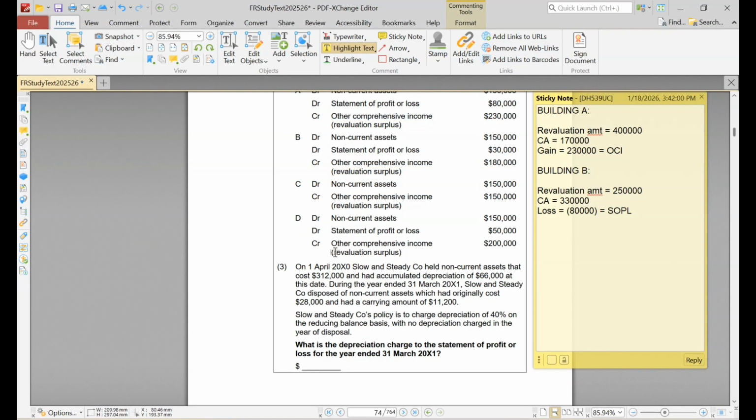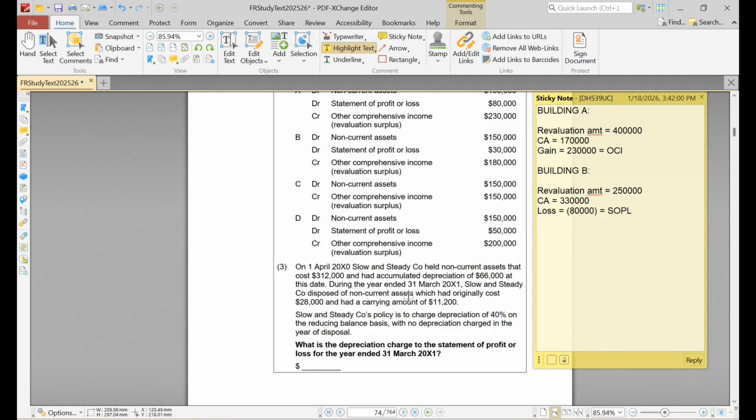Let's solve a few more questions. On 1st April 20x0, Slow and Steady Company held non-current assets that cost 3,12,000 and accumulated depreciation of 66,000. During the year ended 31st March 20x1, Slow and Steady Company disposed of non-current assets which had originally cost 28,000 and had a carrying amount of 11,200.